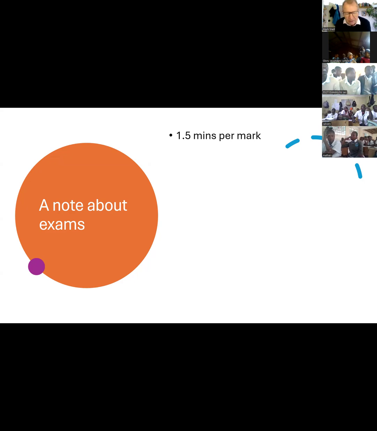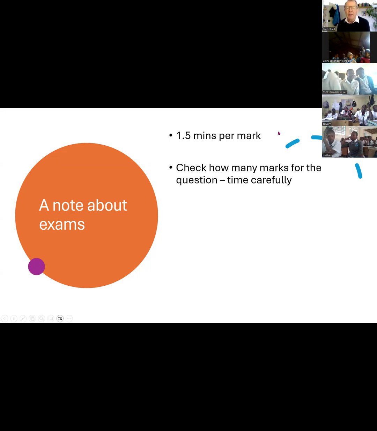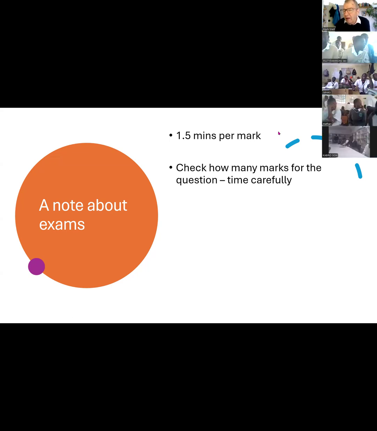Now that means that you need to think a little bit when you are looking at a question. You try and find out how many marks it is first. Okay, so you look at a question and it says, okay, this is worth 5 marks. If you think, okay, 5 marks, this means I can give it 7 minutes, 8 minutes approximately.